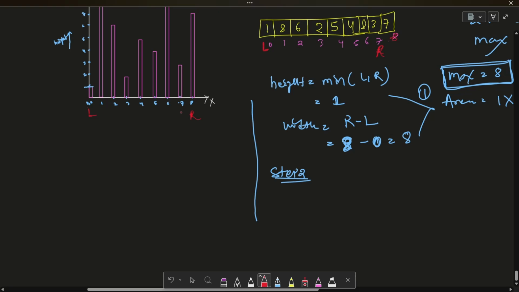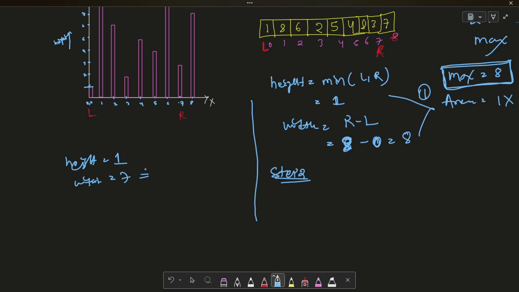Even though we move this right pointer, the height will be the same because the minimum height is the left. Height is 1, only the width has changed. The width decreased, before it was 8, now it is 7. So the answer will be 7 when we move the right pointer.